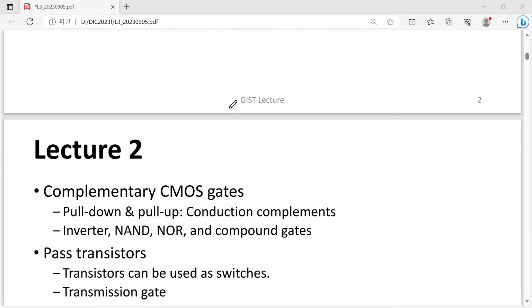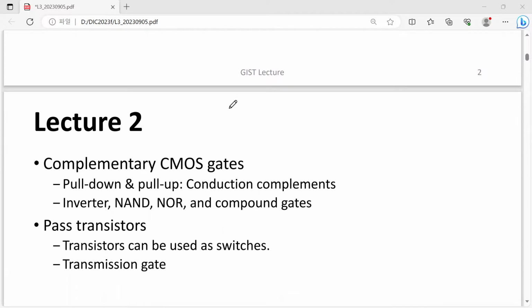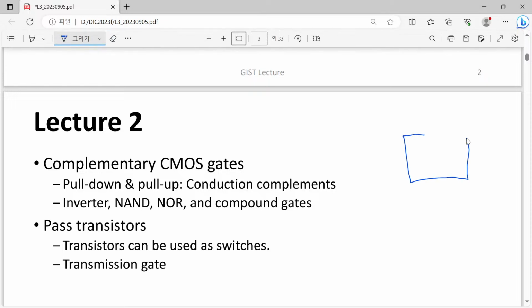First of all, let's try to review our previous lecture 2. Lecture 2 was devoted to the introduction of CMOS logics. The main topic was the complementary CMOS gate. In this family of CMOS logic, we have two circuits called pull up and pull down.